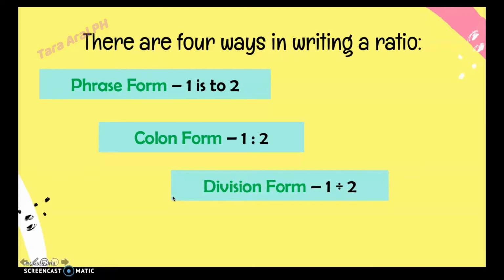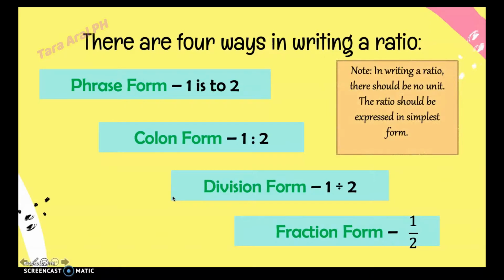Then in division form, we have 1 divided by 2, and also in fraction form, which is 1/2. Note that in writing a ratio, there should be no unit, and the ratio should be expressed in simplest form.